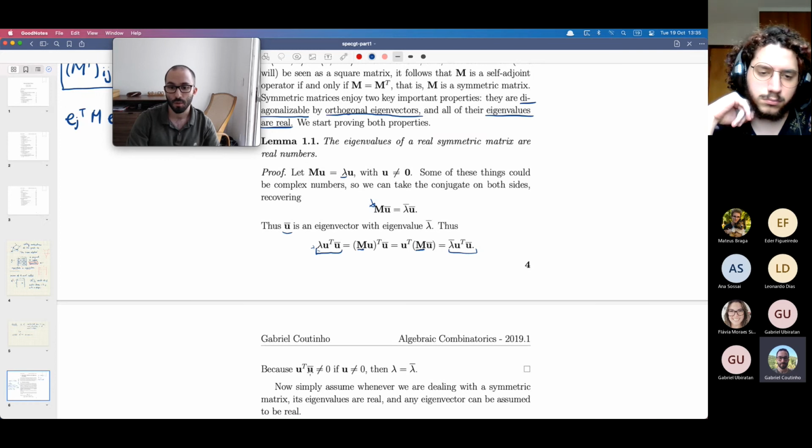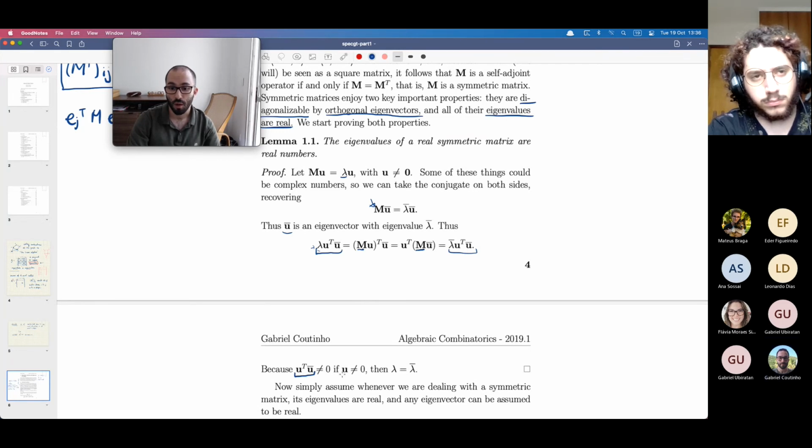Now, u transpose times u bar is different than 0 because this is a sum of the absolute values of complex numbers, and at least one of them is different than 0. So this is a sum of non-negative things, one of which is actually positive. So this is different than 0, and therefore it must be that this guy is equal to this guy.